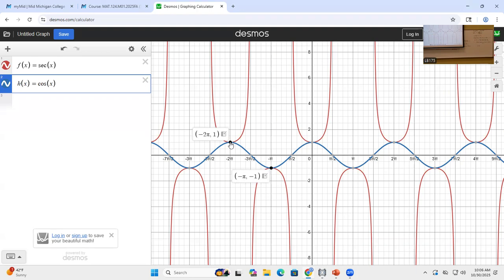So we're just doing reciprocals here. And then obviously where we have 0, since the reciprocal of 0 is undefined, 1 over 0 is undefined, we get an asymptote there. So we get asymptotes at the zeros of cosine. And this is going to be the same relationship between cosecant and sine.